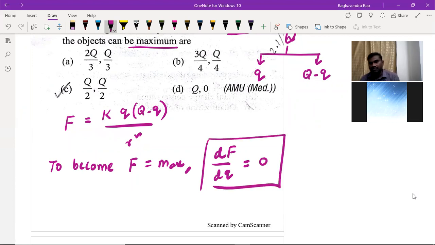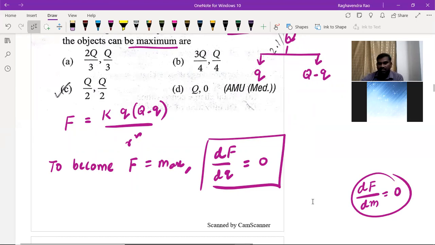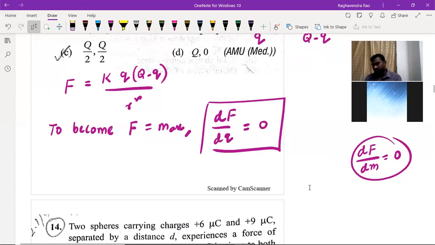In the case of gravitational force becoming maximum, dF by dm is equal to 0. This is the mathematical condition for the force to become maximum. With respect to charge, if there is no change in the force, then the force becomes maximum or saturated.